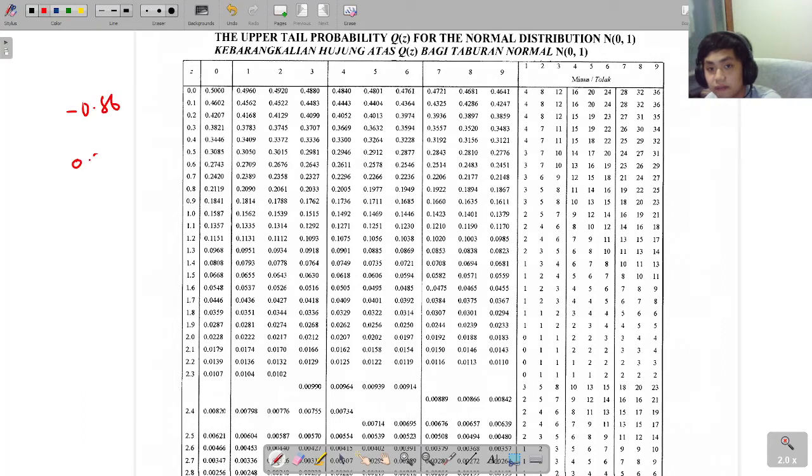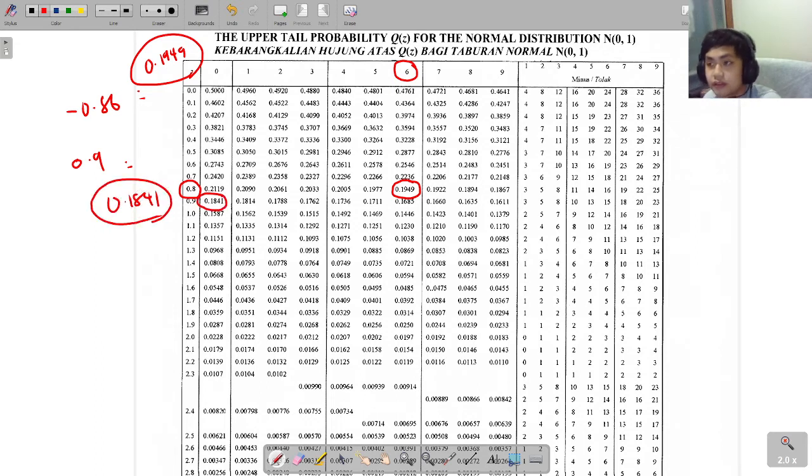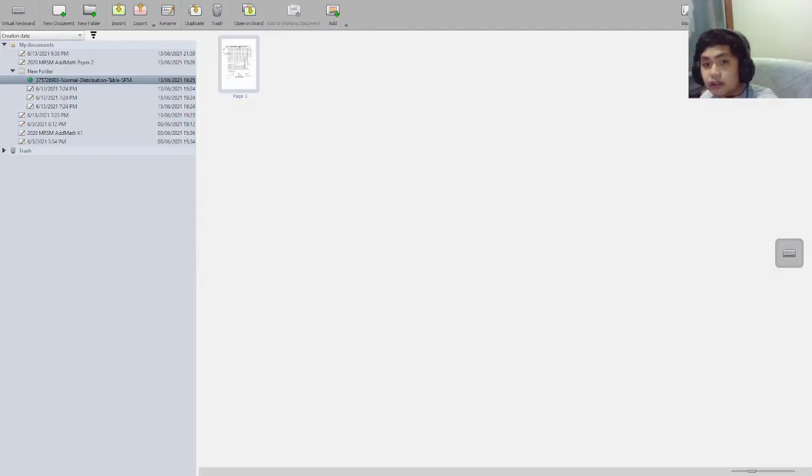For negative 0.86, the z-score is going to be here, 0.8 and 6. So I'm going to refer to this, and this is 0.1949. So the probability I get on the tail end is 0.1949, and the probability I get on the tail end for 0.9 is this, 0.1841.